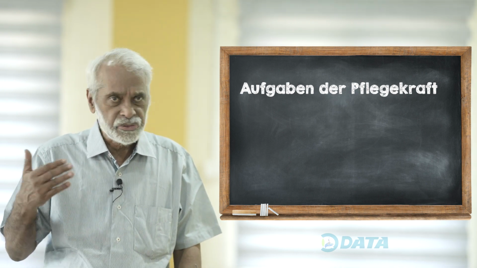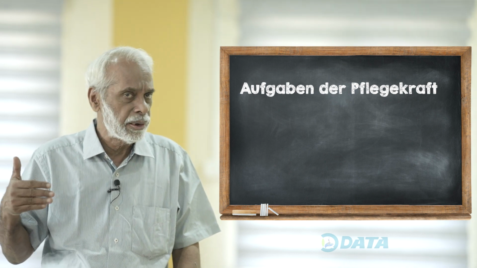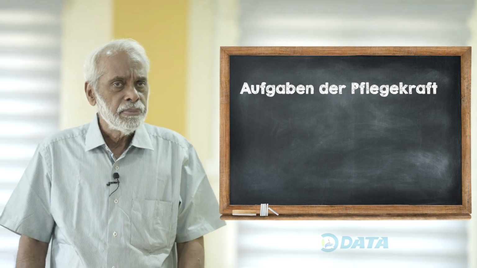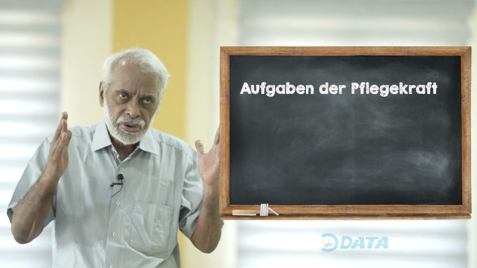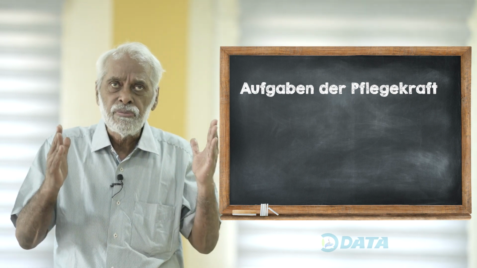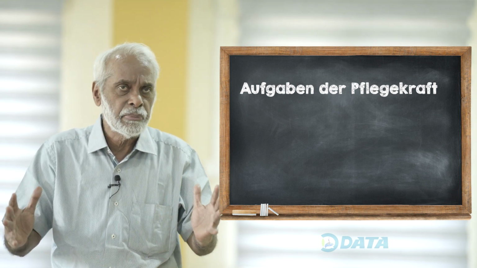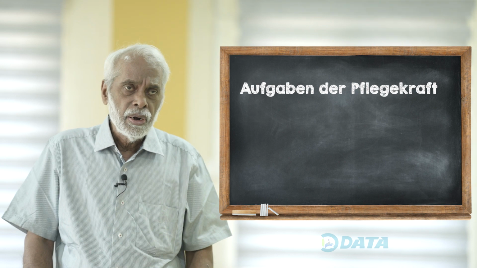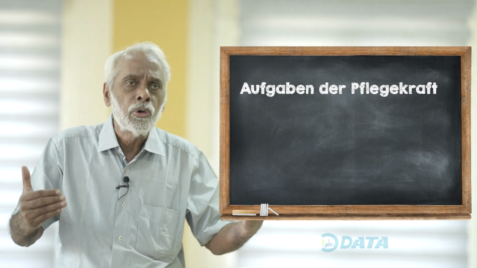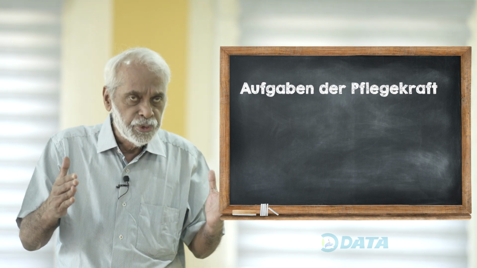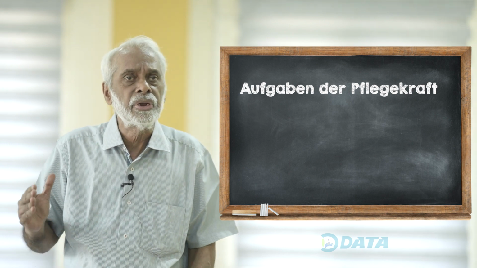You know the expressions Krankenpfleger, Krankenpflegerin. But usually in Germany they refer to the nursing team as Pflegekraft, the nursing team as such. Now, what all things belong to the job of this nursing team?